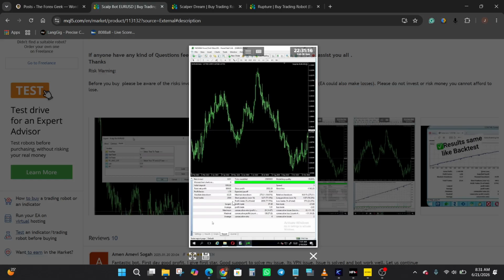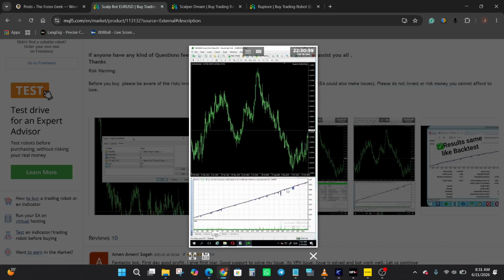Total trades taken 2,584, out of which 2,009 were profitable, giving us a 77.75% win rate. Okay, so that's actually okay. And then here I can see that the balance equity curve is pretty smooth. Though there were some periods of drawdown, you can see some sharp drawdowns here, but overall it was a steady growth over time.